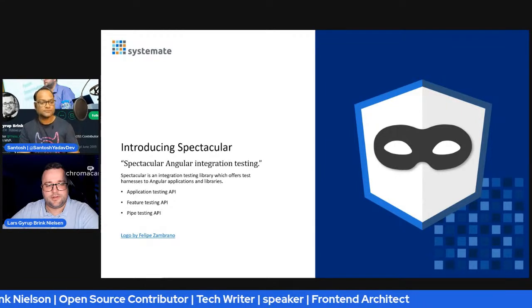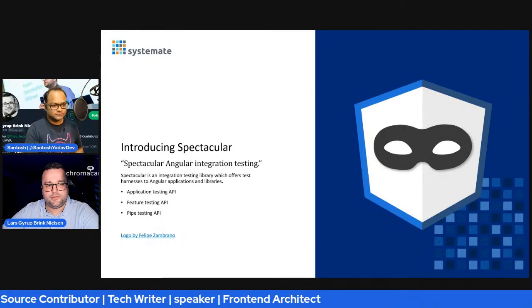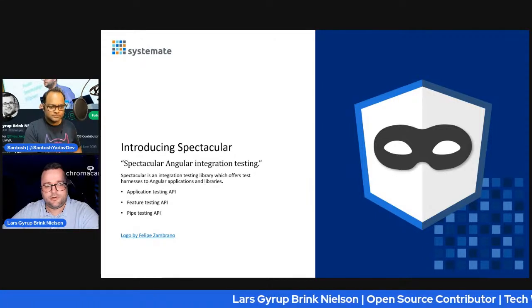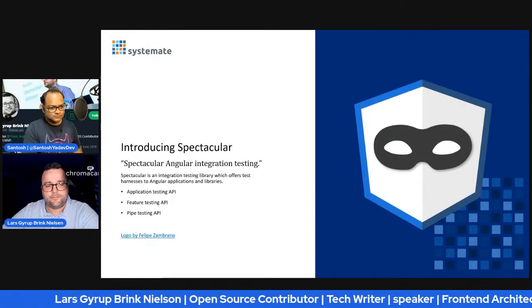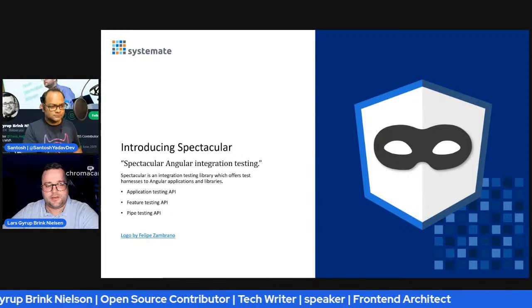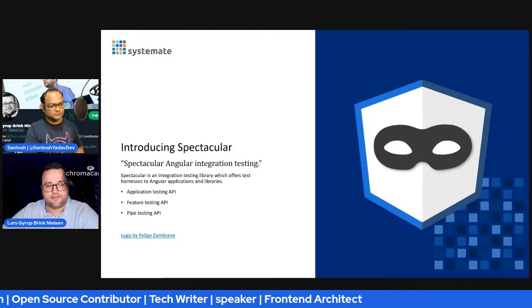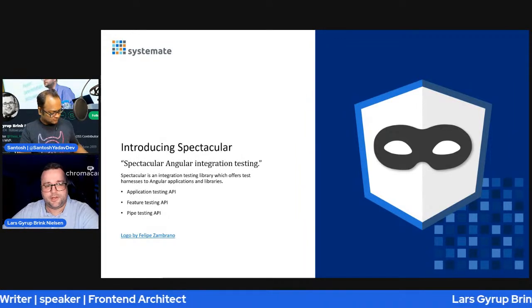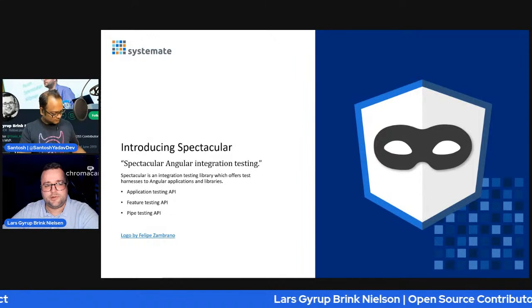It's even the feature testing API is built to be able to be integrated with the Angular testing library and the Angular CDK component harnesses, or you can just use it on your own. Then you might have to do some testbed configuration yourself, but most of it is also hidden away. We're reducing the boilerplates, and many Spectacular tests don't import the testbed at all.